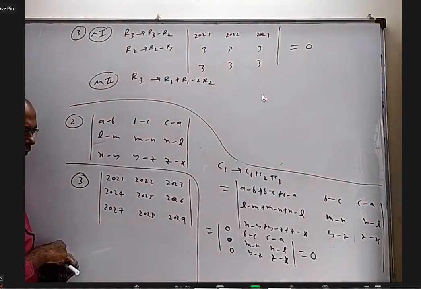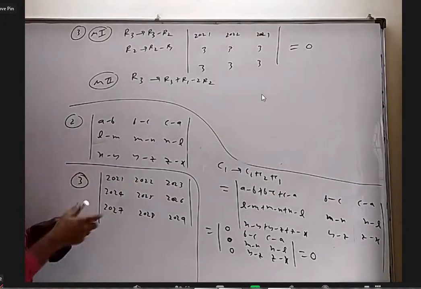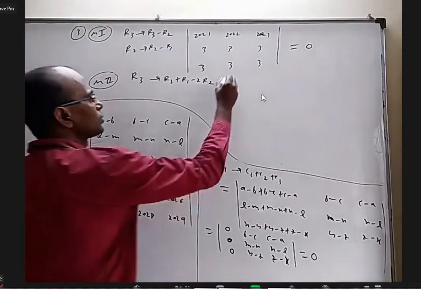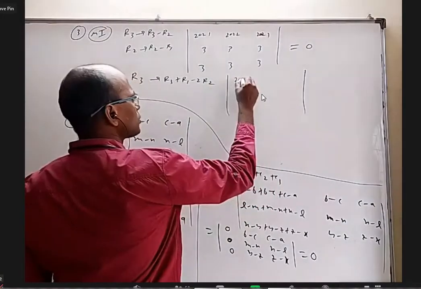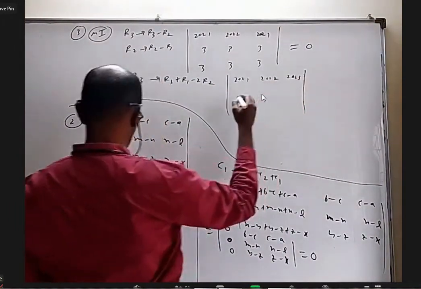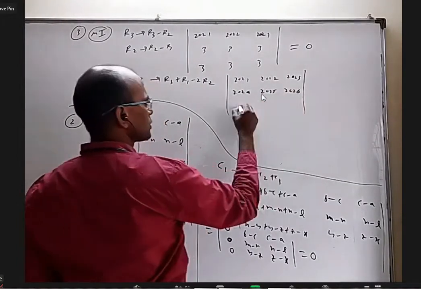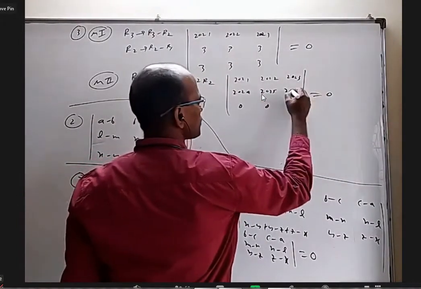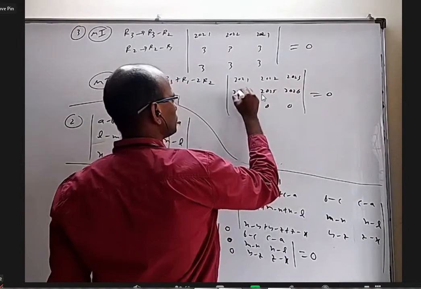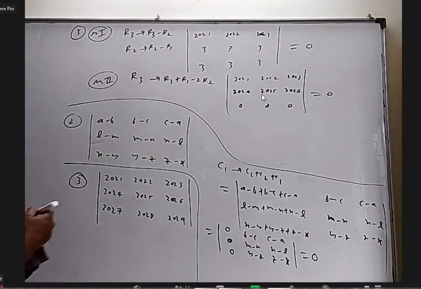We'll get 0, sir. Second row. This plus this is double of this. You will get third row as 0 because we are changing third row. So when you do this, 2021, 2022, 2023, 2024, 2025, 2026, 0, 0, 0, it is 0. Okay, you can do like that also.